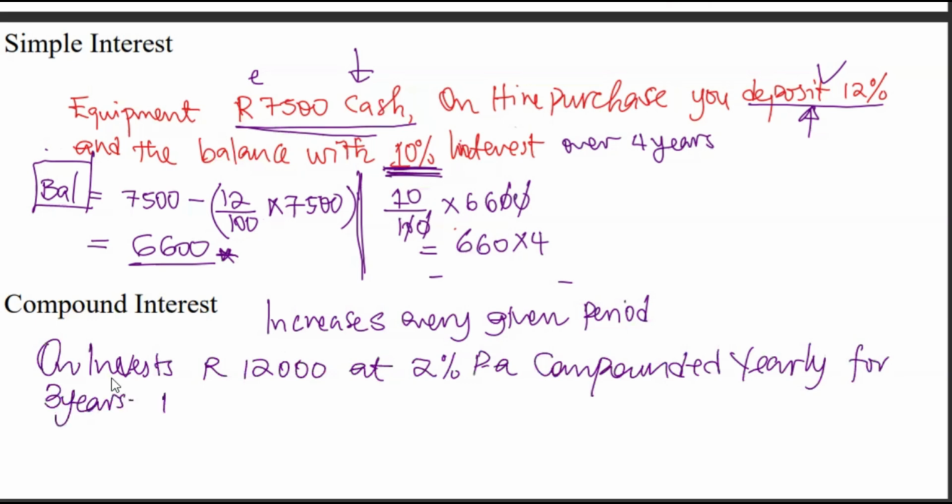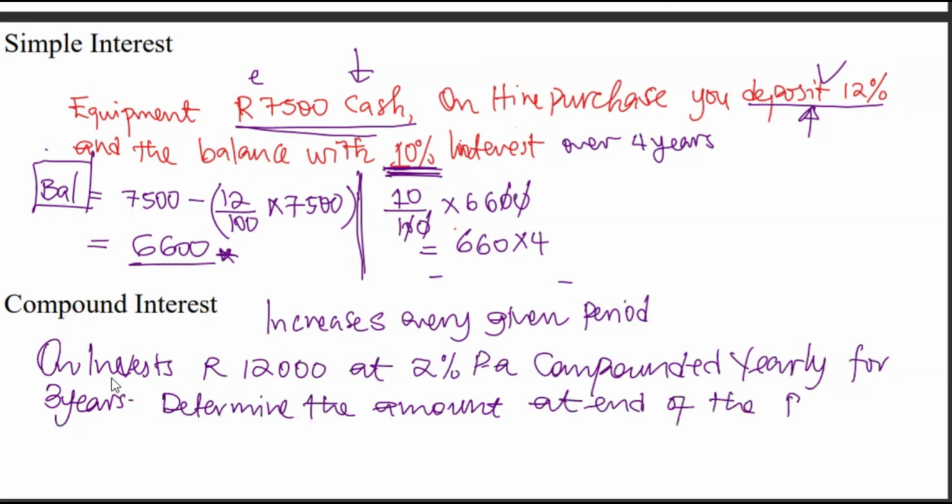So they ask you to determine the amount at the end of the period. What I want you to know is that you're going to have 3 steps manually. I'm going to write it here.